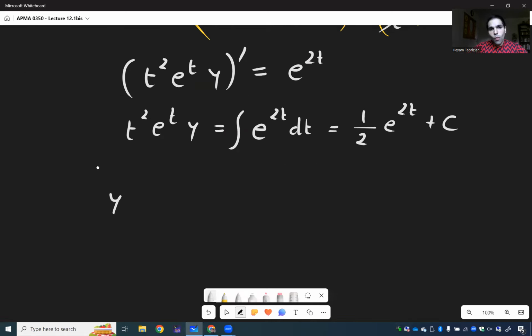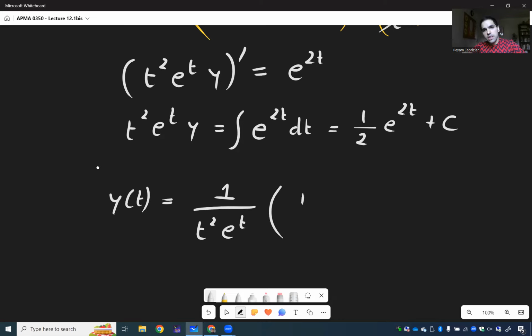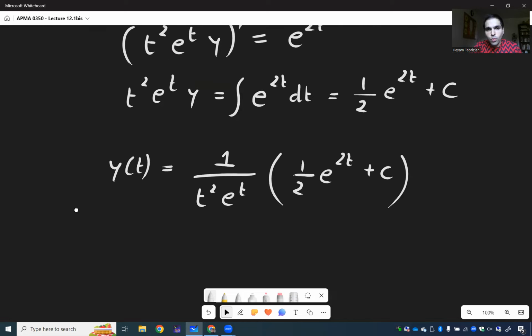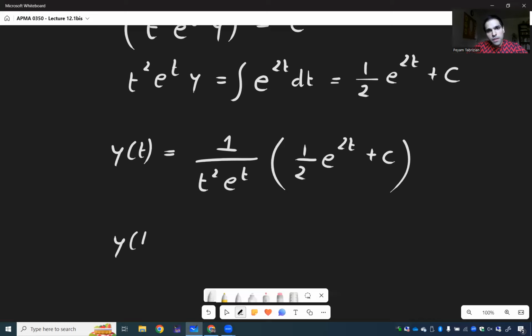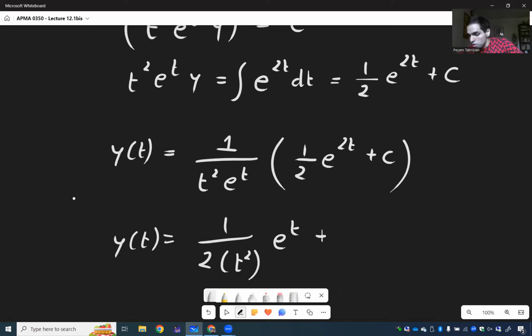And therefore, y of t is 1 over that. So 1 over t squared e to the t times (1/2 e to the 2t plus a constant), which if you want, you can then simplify to y of t is 1 over 2 t squared e to the t, and e to the 2t becomes e to the t, and then plus c over t squared e to the minus t.